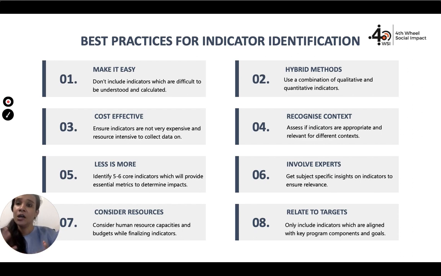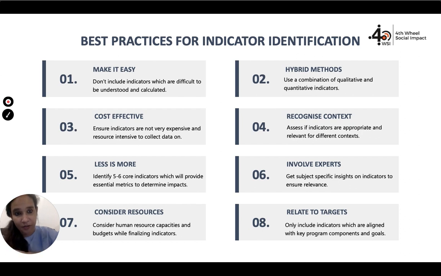Number two, if you're talking about classroom methods and the use of different teaching learning methods, have a combination of both qualitative as well as quantitative indicators. One is what kind of tools teachers are using, but the other could also be feedback or just basic stakeholder views on these methods or how easy it is to use them.